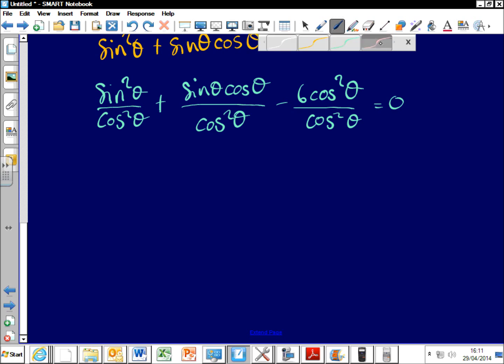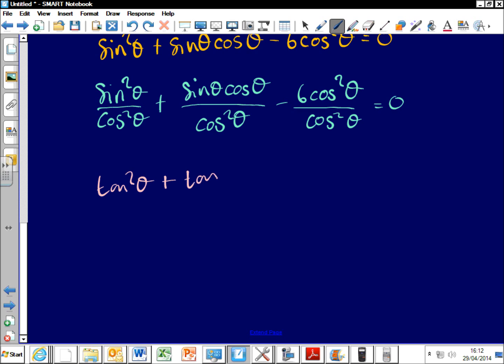This bit just goes to tan squared. This bit goes to, 1 cos is going to cancel with 1 cos on the bottom, so this is just tan theta. And this bit is just negative 6 here, isn't it? Negative 6 cos squared cancels with cos squared, and I get that. And that's what you're trying to show.